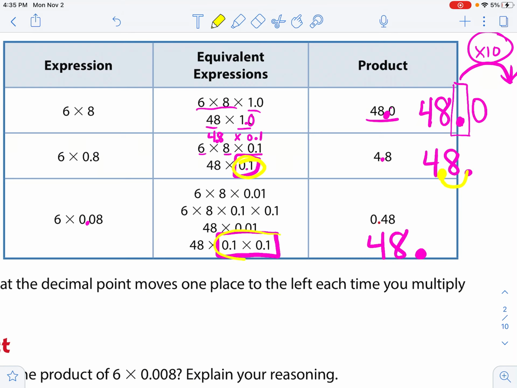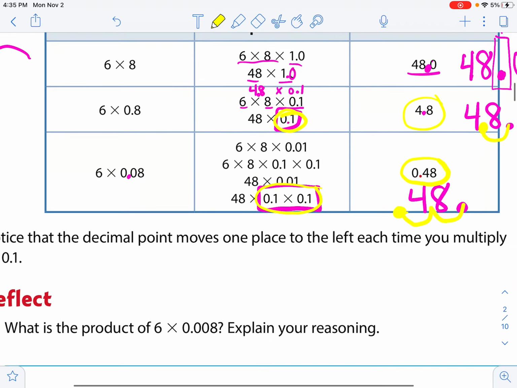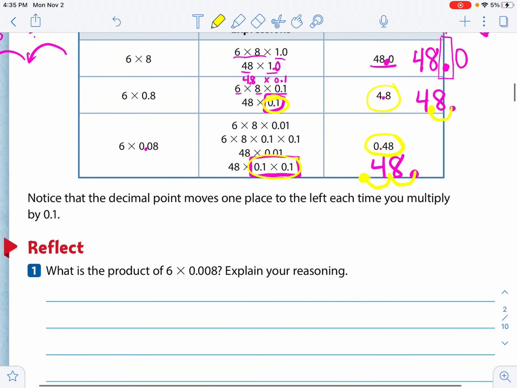But in this one, now we have 2/10, so the decimal is going to go whoop, whoop, and land right there. So now it's 48 hundredths. Here it was 4 and 8/10. So notice that the decimal point moves 1 place to the left each time you multiply by 1/10.